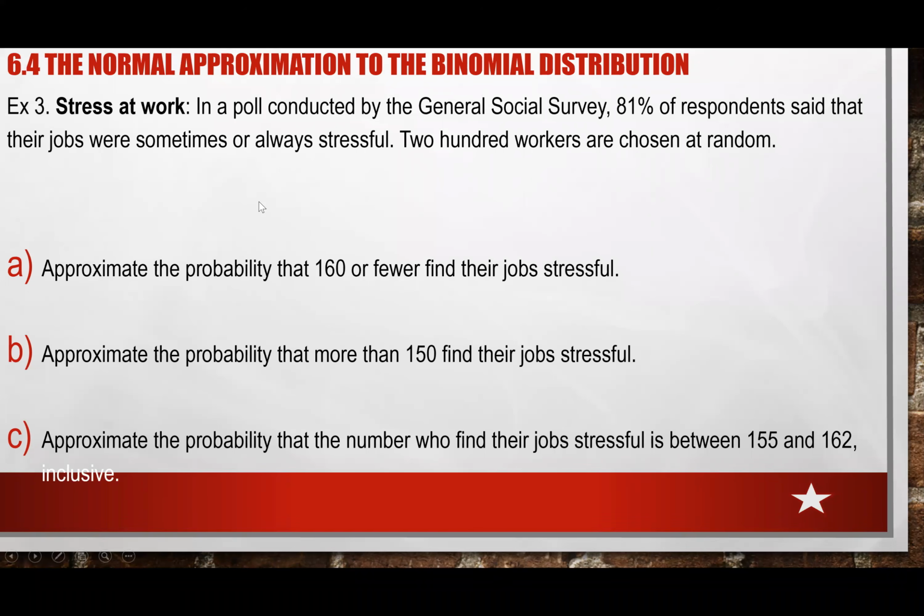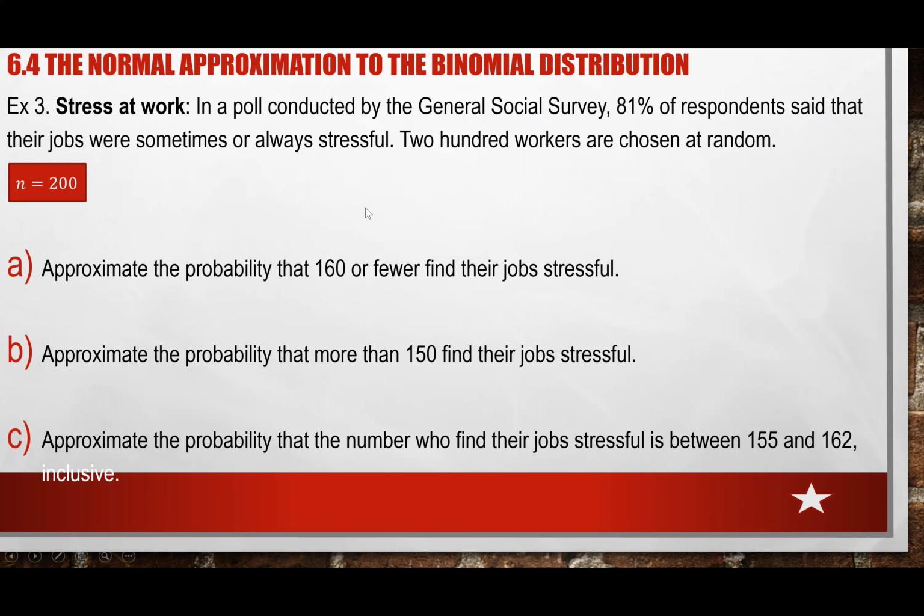But anyway, look at this here. Let's identify what is the N. We know that there are 200 workers that we take out. Based on this statistic, based on this poll, we take these 200 workers out, and we ask, what's the probability that 160 of them or fewer find their job stressful.